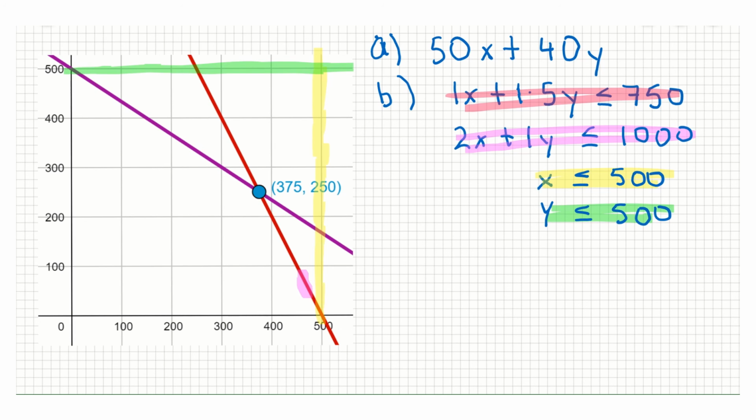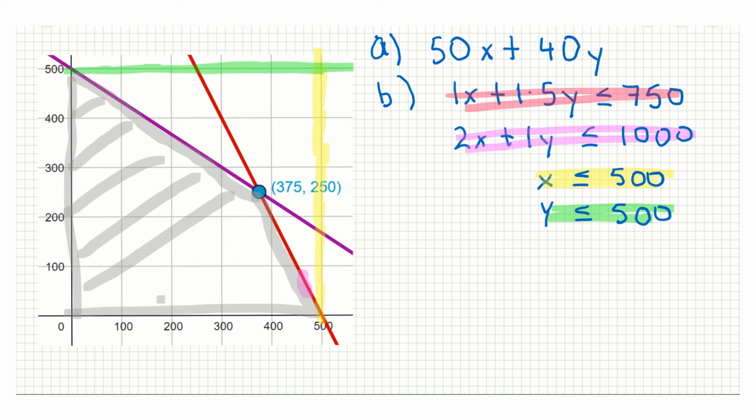So the feasible area I'm going to do in light gray is from here to here to here to here to here. I'm going to highlight it like that. And I'm going to mark in green this point, this point, this point that's already marked in blue, and this point.